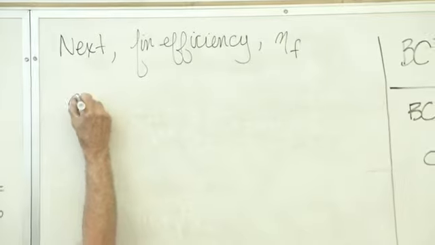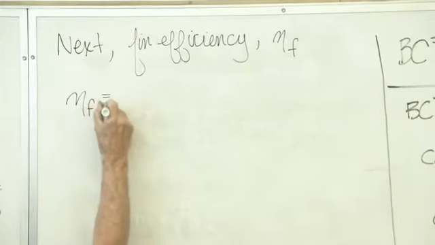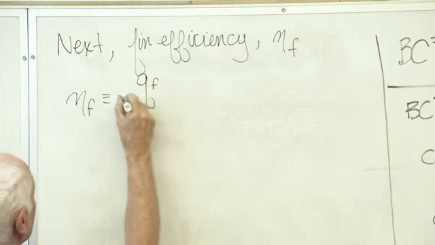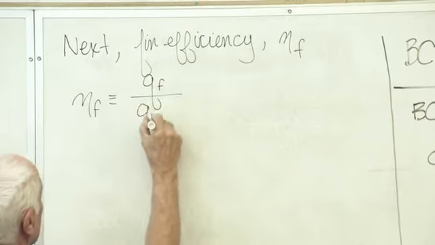Okay, fin efficiency, eta F, is defined as the Q actual, which is QF, divided by Q max.